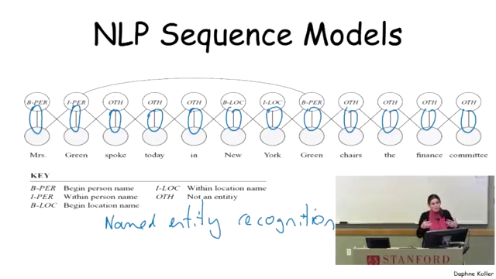I mean, one could clearly imagine cases where the position in the sequence might make a difference, but it's often a very useful simplifying assumption, specifically because it allows us to A, reuse parameters, and B, apply the same model to sequences of varying length without having to worry about what is my 15-word model versus what's my 8-word model. And so this is another case where you have a tremendous amount of reuse of parameters.